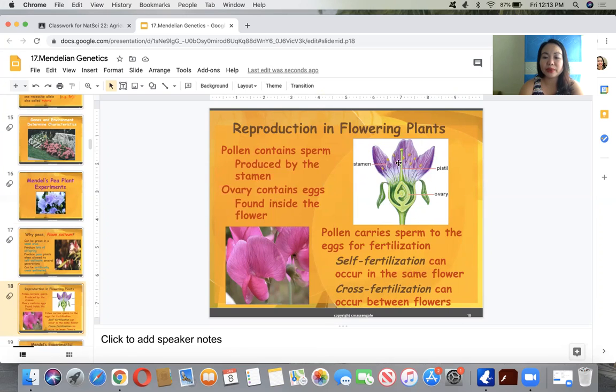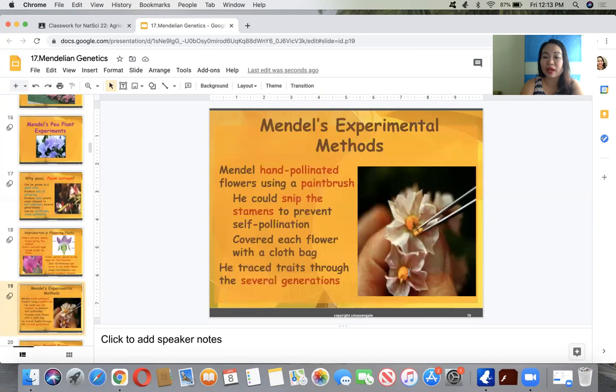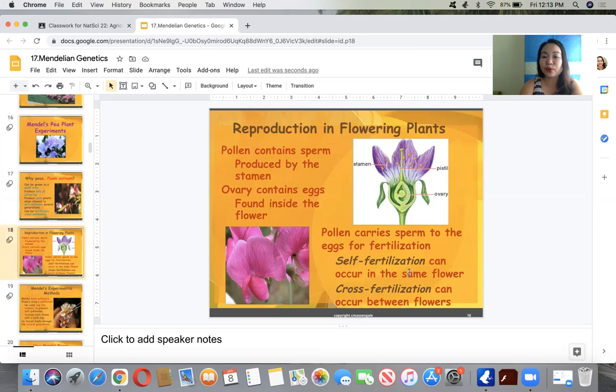The pollen carries the sperm to the eggs for self-fertilization, which can occur in the same flower. Otherwise, cross-fertilization can occur between flowers, especially for incomplete flowers.